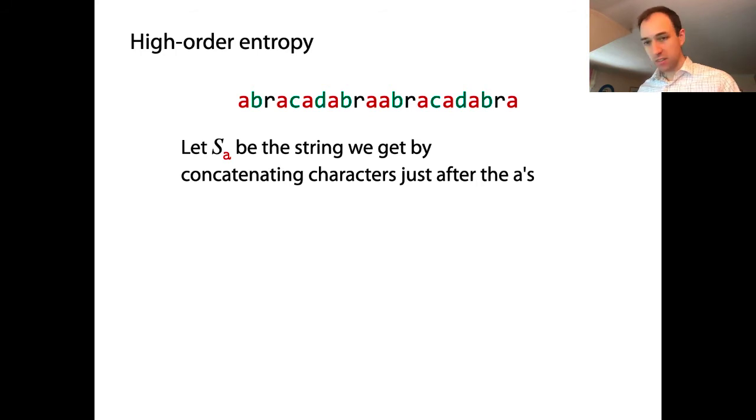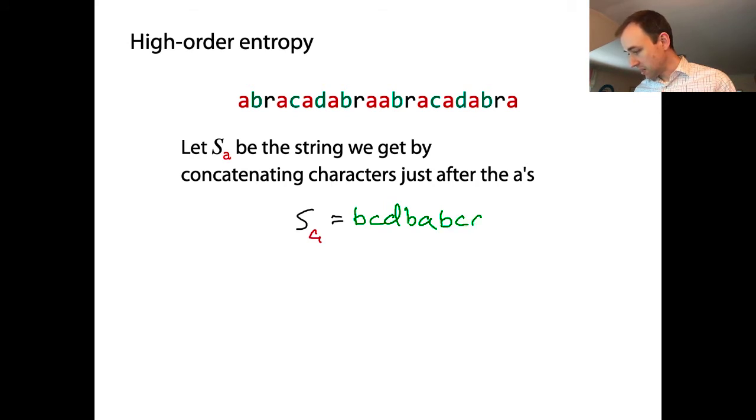So S sub A equals, taking all these green characters, B, C, D, B, and then that A, even though it's red, B, C, D, B. It's just these characters.